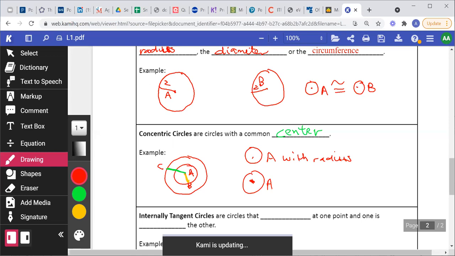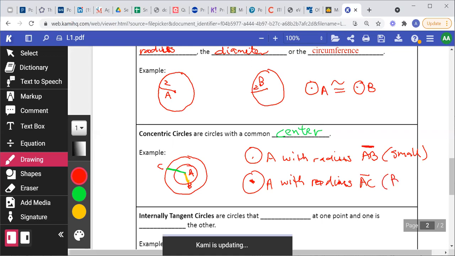The symbol of radius is always this small bar on top of the letters. That's the small circle. And then circle A with the radius of the second circle is going to be AC, the green line segment.